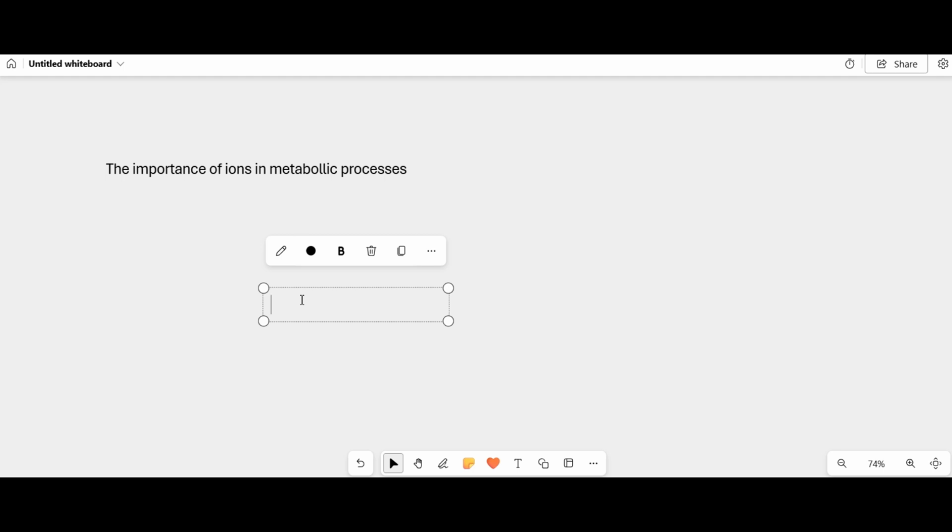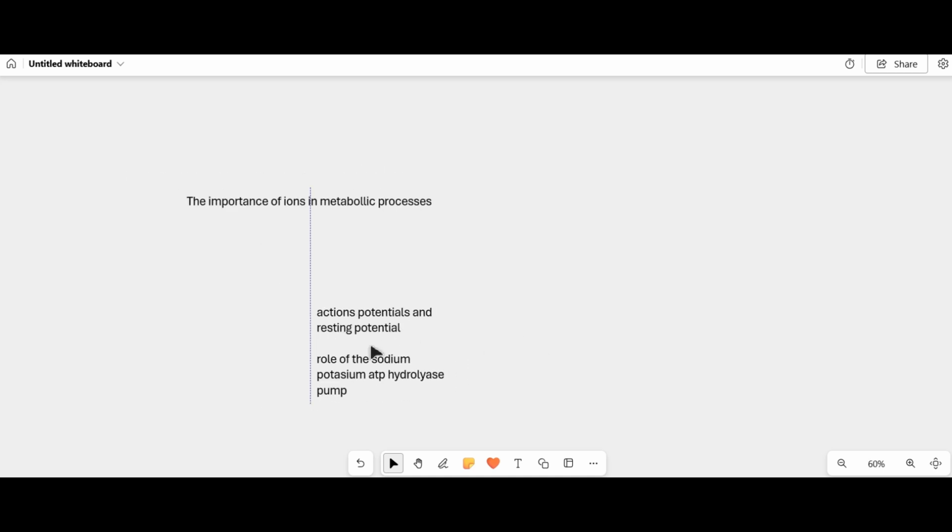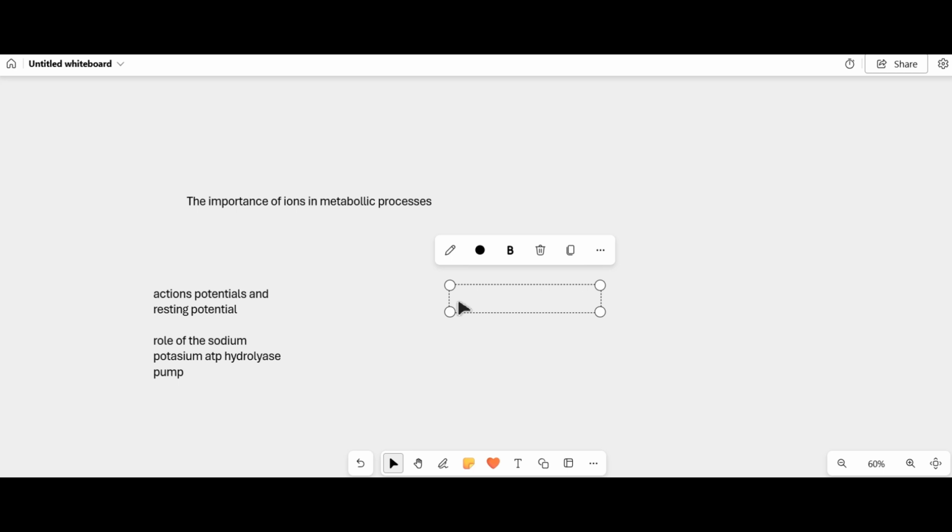So just say, for example, I can say action potentials here and resting potential here. So I can talk about the role of the sodium potassium ATP hydrolase pump here. Alright, cool. That's one topic here. Another topic I can think of with ions is going to be co-transport here. So co-transport in epithelium and kidney here.